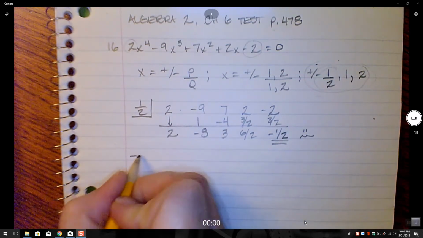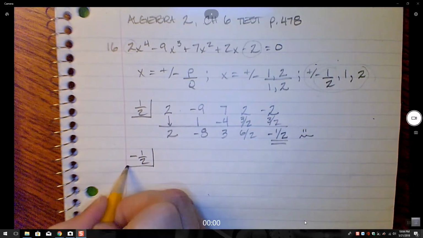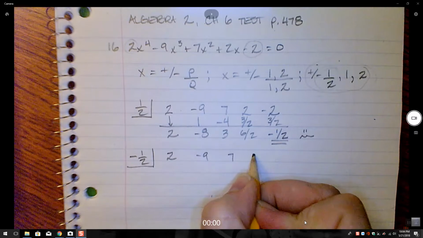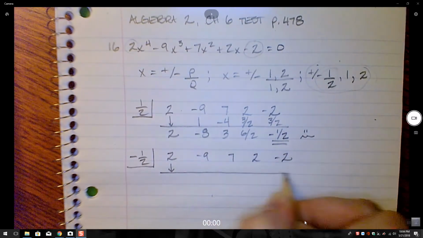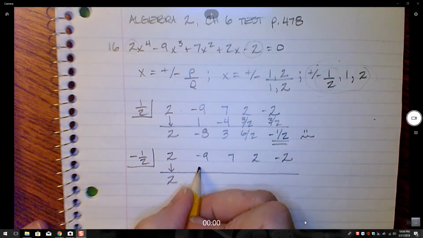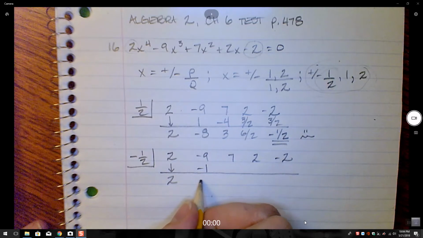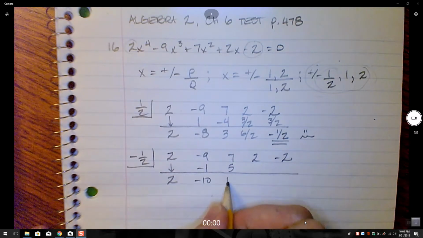Let's try negative 1/2, because it's plus or minus 1/2. So I've got 2, negative 9, 7, 2, and negative 2. Bring down my 2. Negative 1/2 times 2 is negative 1. Negative 9 plus negative 1 is negative 10, times negative 1/2 is positive 5. 7 plus 5 is 12.